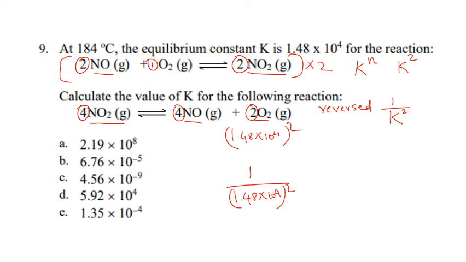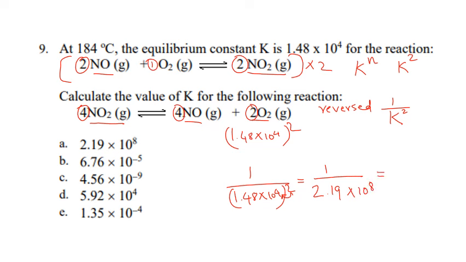So when you plug it into the calculator, we have 1 over (1.48 times 10 to the power 4) squared. The square of 1.48 will be 2.19, and 4 times 2 will be 8, so 10 to the power 8.